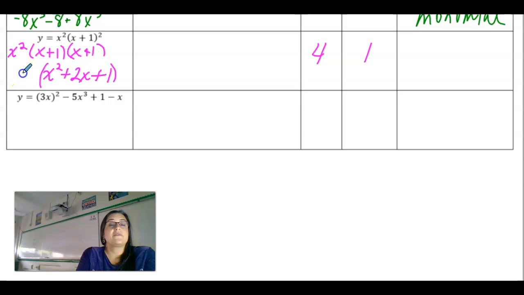And then I still have this factor in the front of x squared that I bring down. And then to get rid of the parentheses, I'm going to distribute. So x squared times x squared is x to the fourth power. Then x squared times 2x is a plus 2x cubed, and then x squared times 1 is a plus x squared.